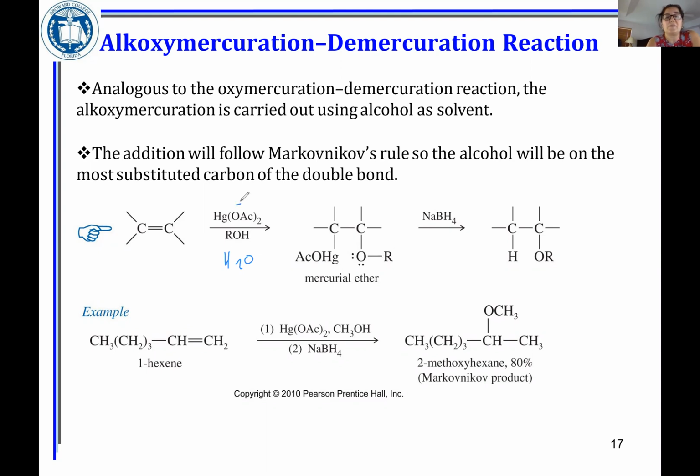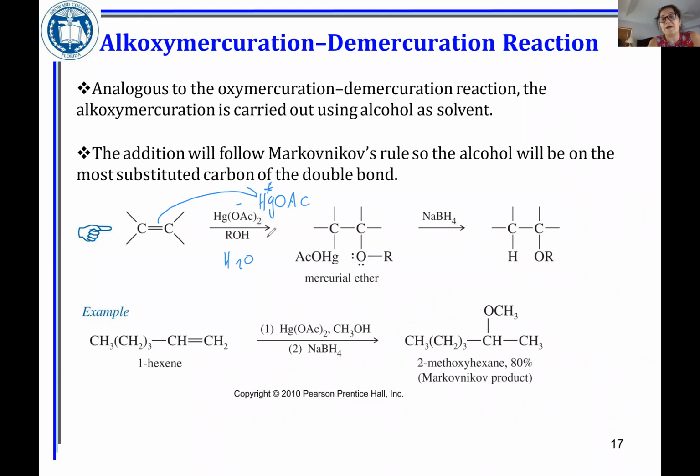So this side of the molecule, the HgOAc, is going to be your nucleophile. I'm sorry, your strong electrophile, and it is going to attack the pi bond. The pi bond is going to form a bond with this mercury here.